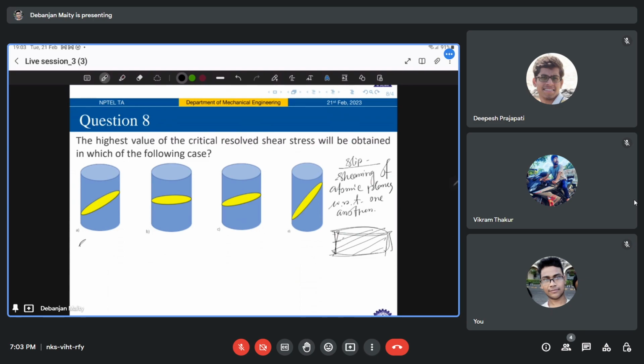So slip occurs along the slip direction and across the slip plane. So this slip plane and slip direction together are called what? Slip system.